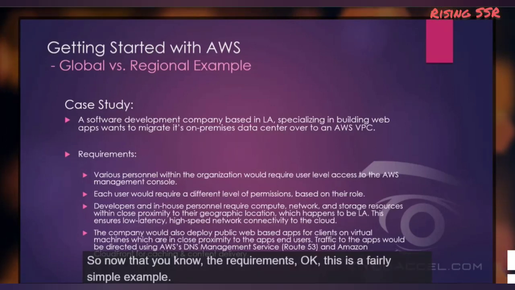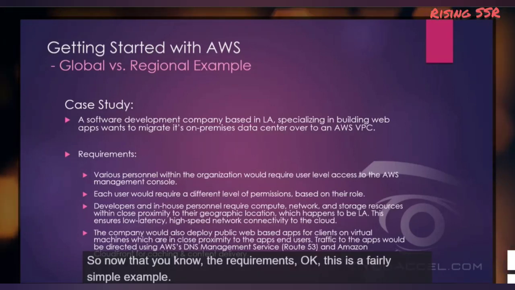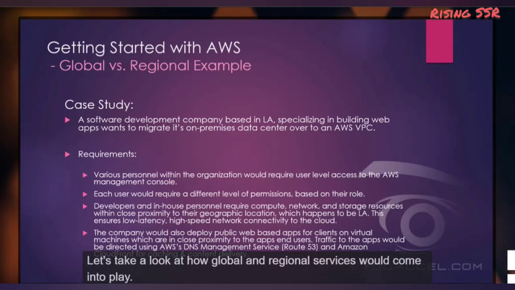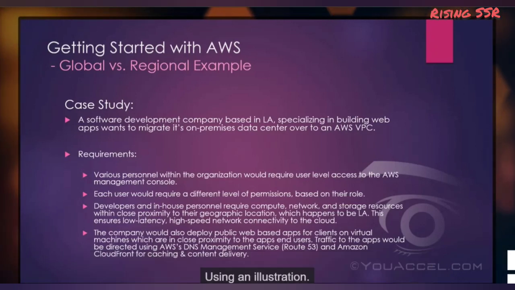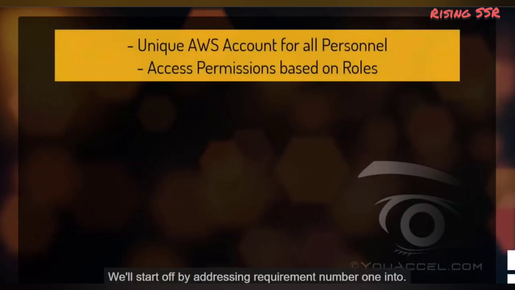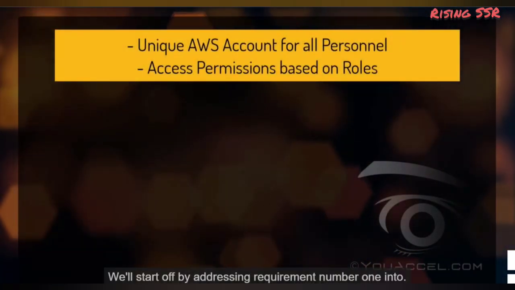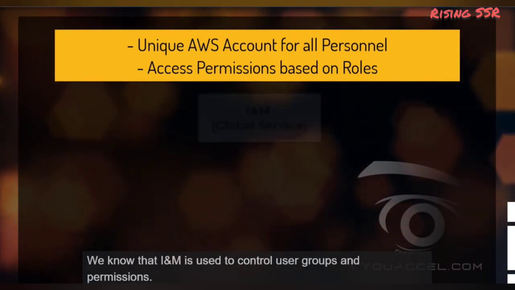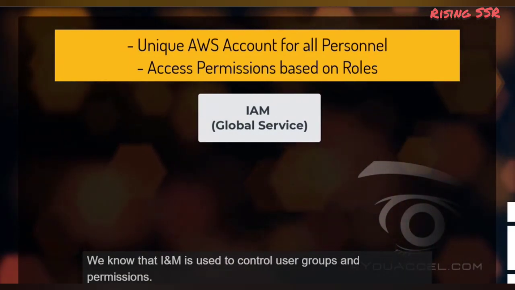So now that you know the requirements, this is a fairly simple example. Let's take a look at how global and regional services would come into play using an illustration. We'll start off by addressing requirement number 1 and 2. We know that IAM is used to control user groups and permissions.